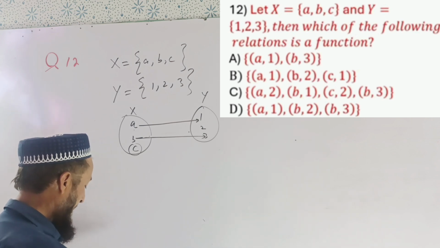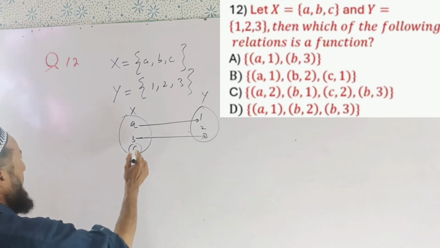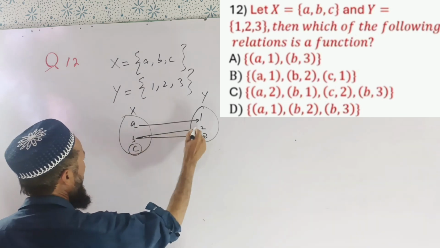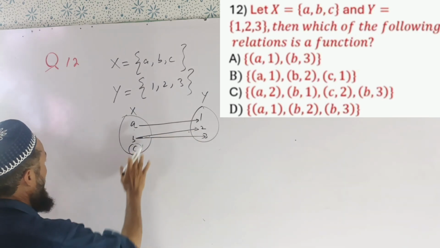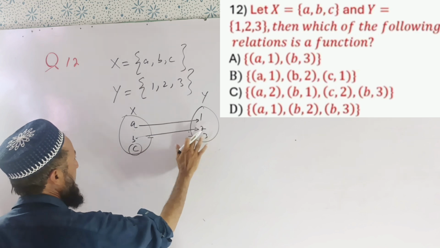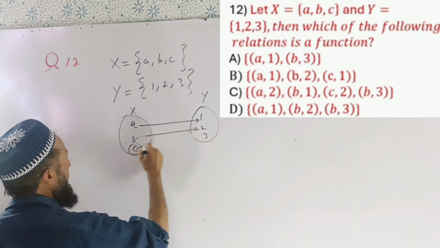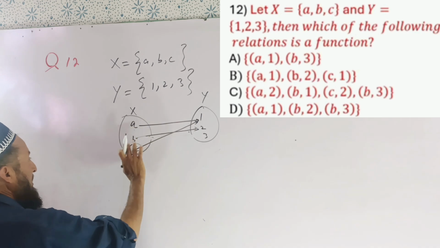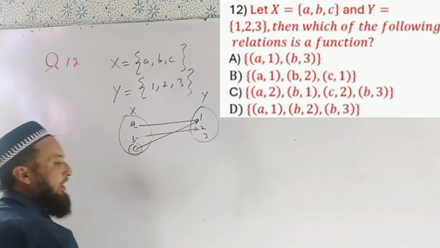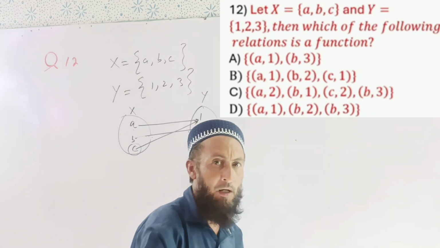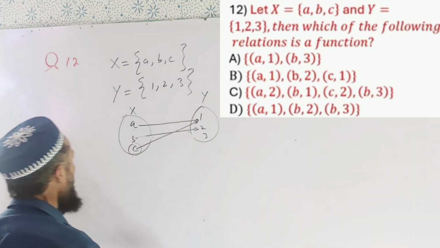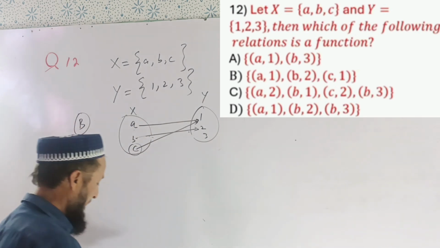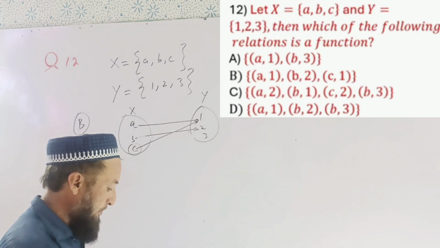Similarly, in option B, you check here A is with 1 and B is with 2 and C is with 1. So the three elements of the first domain are not repeated, and they do not give double images. So we can say that this is a relation, this is a function, because here the domain is not repeated.